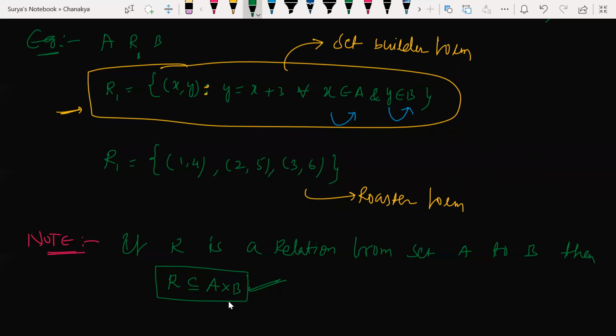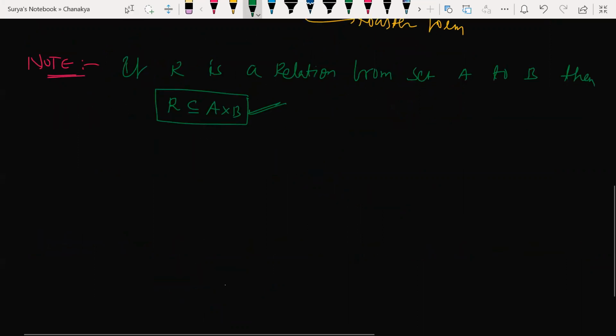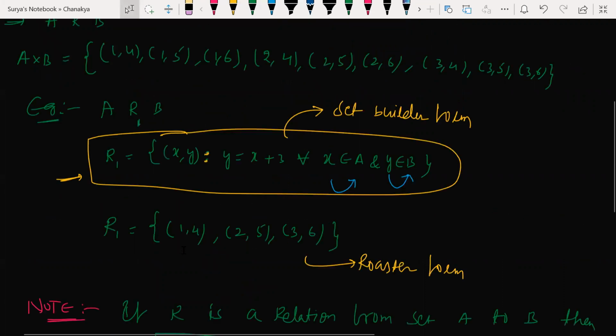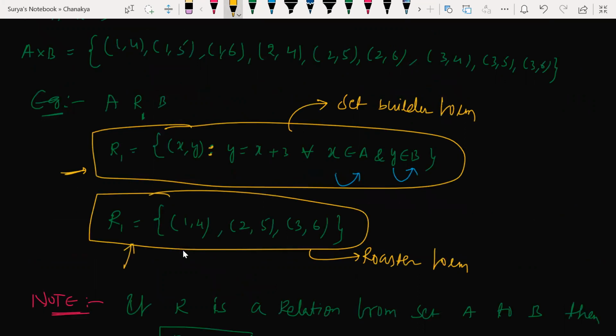If you want me to show practically, I'll show one example. Look at this. Very simple. This is R1 I got. Now check whether this R1 is a subset of A cross B or not.